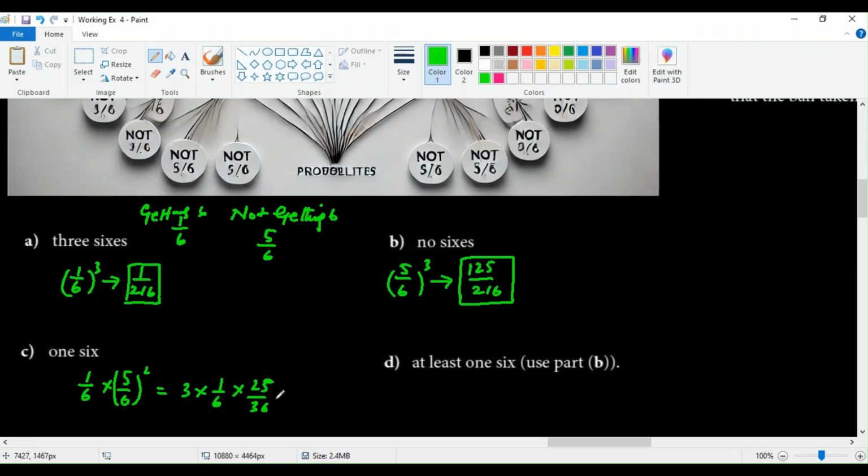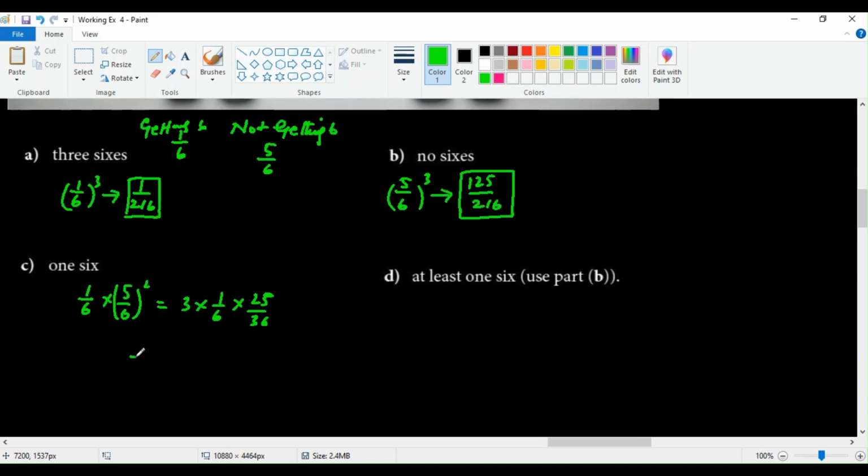So finally we get 75 over 216. When reduced by 5, it's going to give us 25 over 72. This is going to be the final answer.